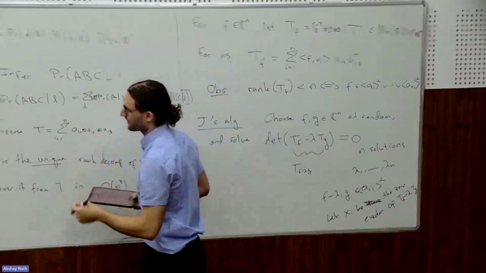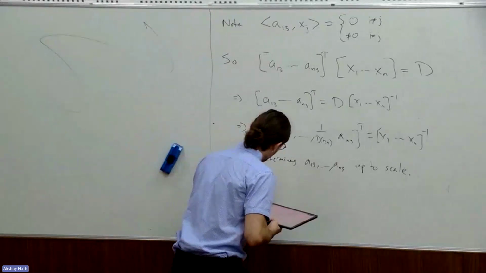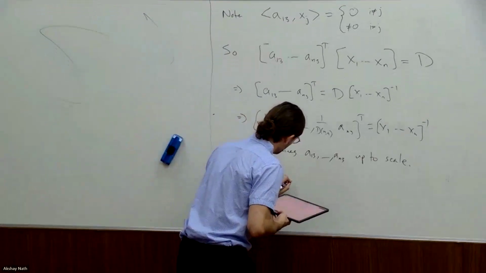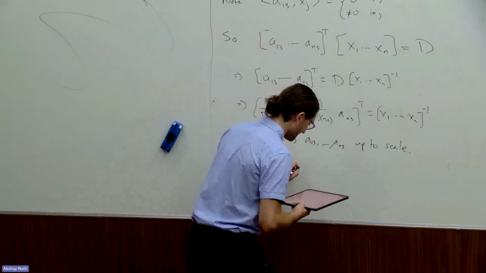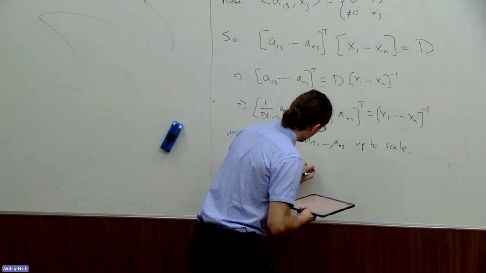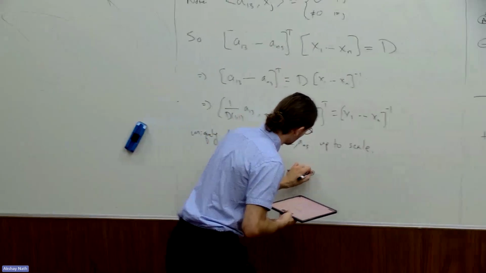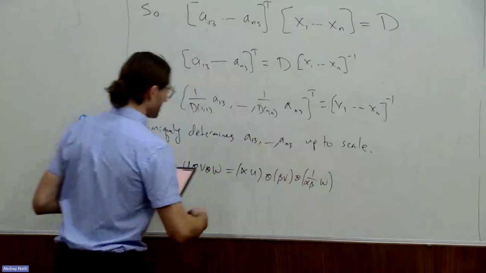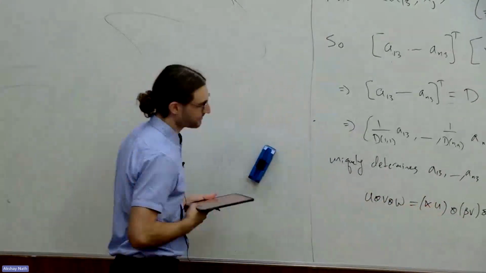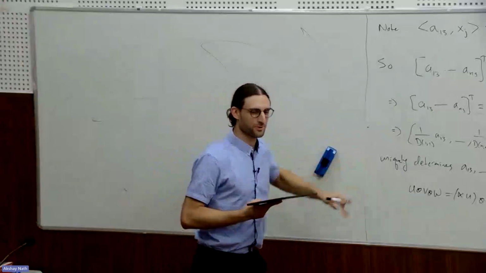But you can also do things like, if you have a product vector, you can rescale the individual factors. So this is equal to alpha u tensor beta v tensor 1 over alpha beta w. So there's a scale ambiguity even for that. So this is the best you can hope for.